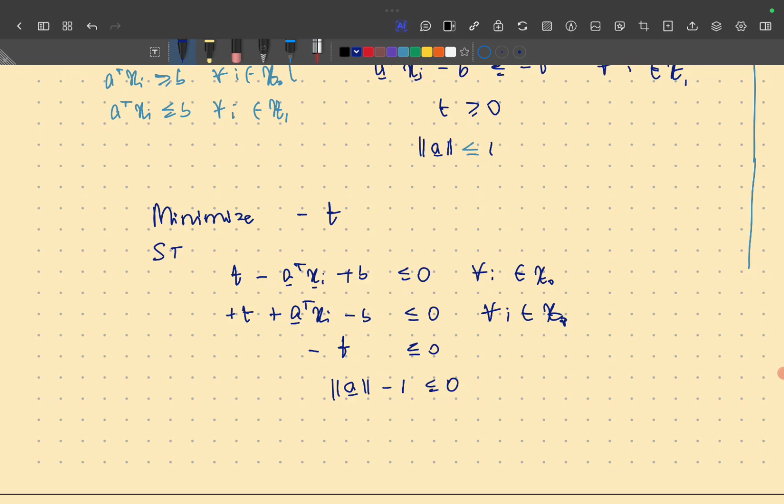Let's try to see the geometric interpretation of Slater's condition. Suppose this optimization problem satisfies Slater's condition. It would mean that there is some A and b such that norm of A is strictly less than 1, t is strictly greater than 0, and these are satisfied with strict inequality. What is the geometric interpretation of that?